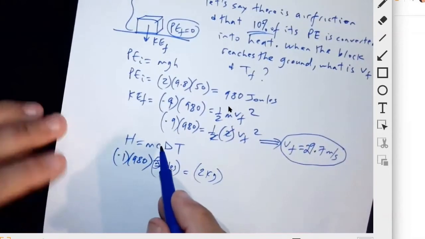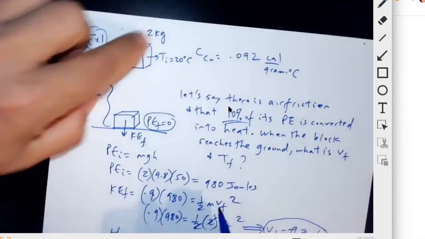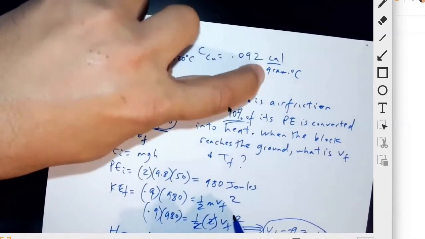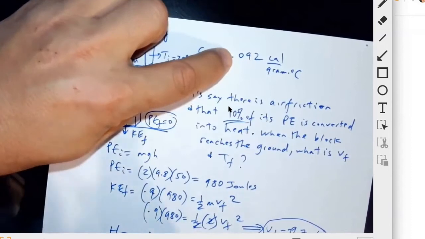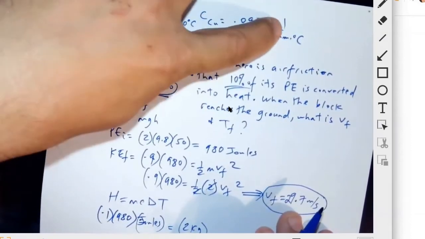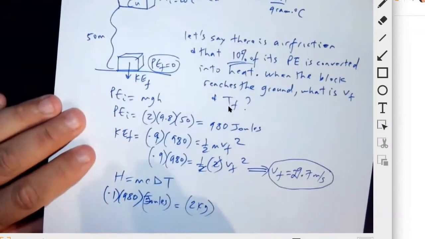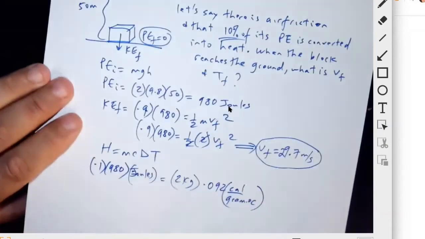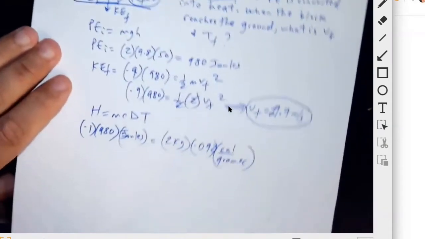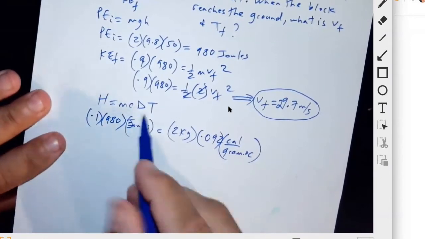And then the specific heat, we're given in units of calories per gram. So be able to be versatile if the units are given that way: 0.092 calories per gram Celsius. Okay, so write that down.